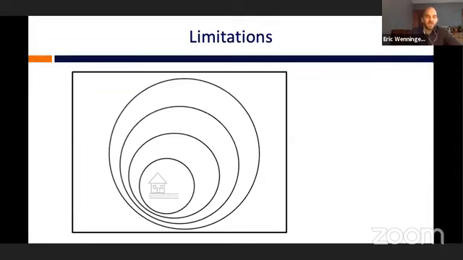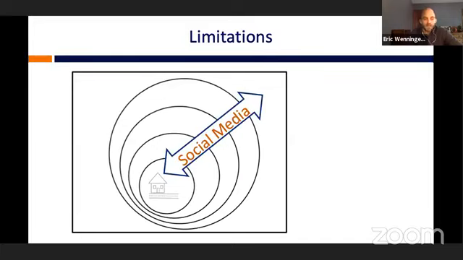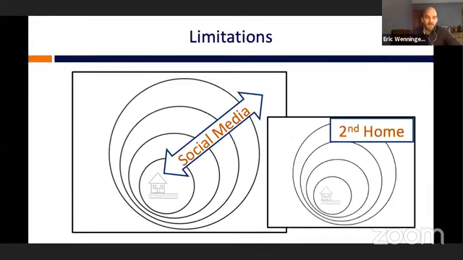So some limitations here, for example, might be social media. Like where does that fit in, right? I use social media in my neighborhood to communicate with people in my neighborhood, and then also in other countries, right? Like Vietnam, or like what we're doing now. Another limitation might be someone's second home.